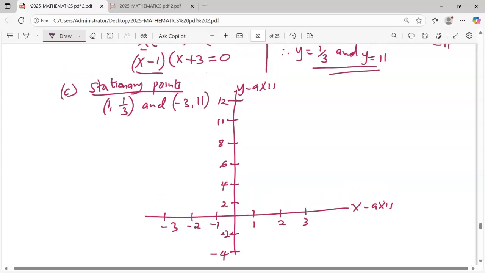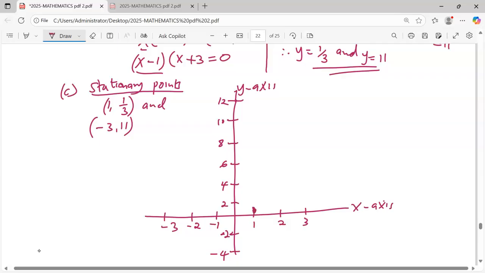So what is most important at this point? It is to show the turning points of the curve, and we know this one is -3, 11. Let me bring it here. So when x is 1 here, the value of y is a third.